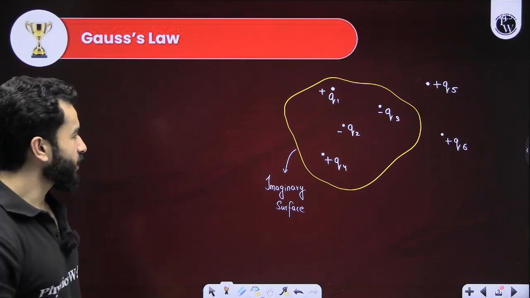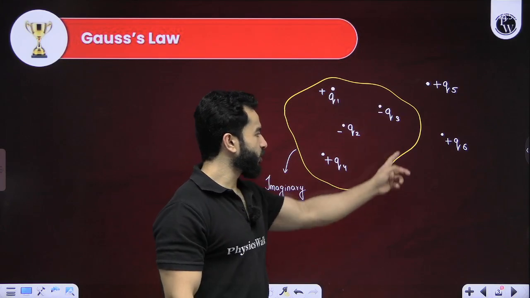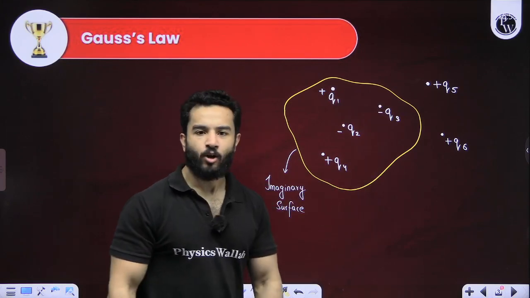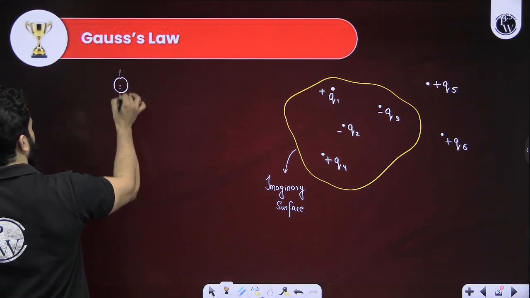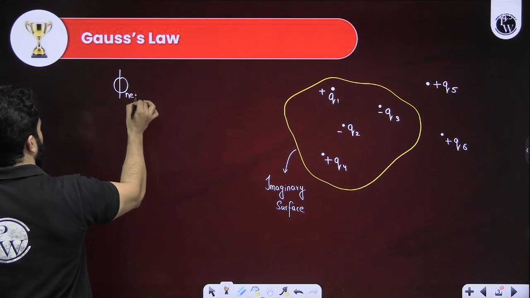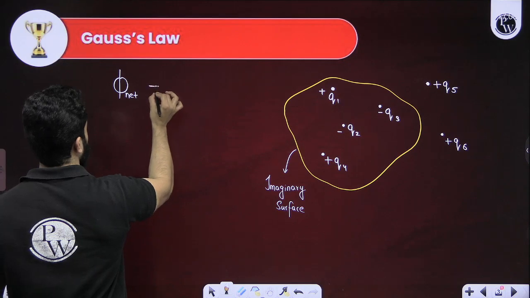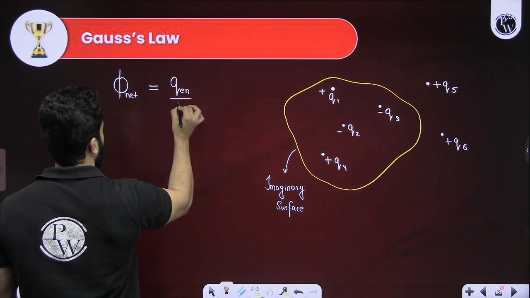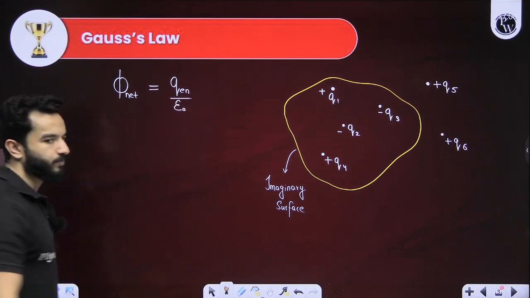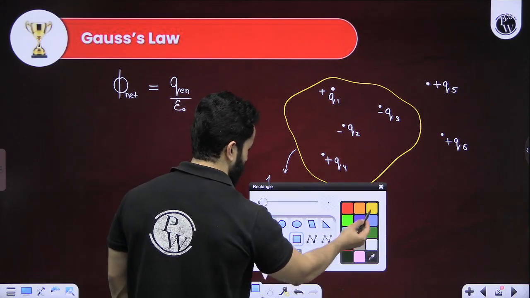So Gauss law says that if you draw an enclosed surface like this, the net flux linked with this closed surface will be equal to the enclosed charge upon epsilon naught. This small statement is Gauss law.